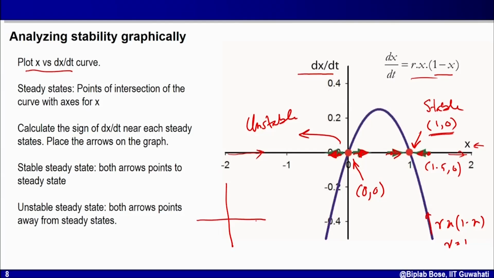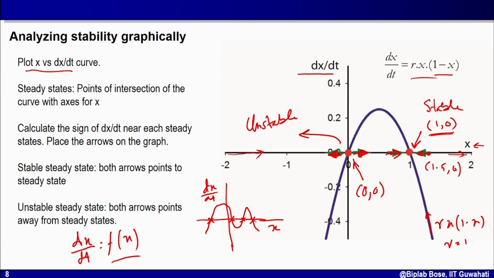This method of graphical representation is good because by the number of intersection points, I can easily identify how many possible steady states are there. If I have an ordinary differential equation, suppose dx/dt is a function of x, and if I plot dx/dt on the vertical axis and x on the horizontal axis, and suppose the function is like this, that means I have 1, 2, 3, 4 intersection points.